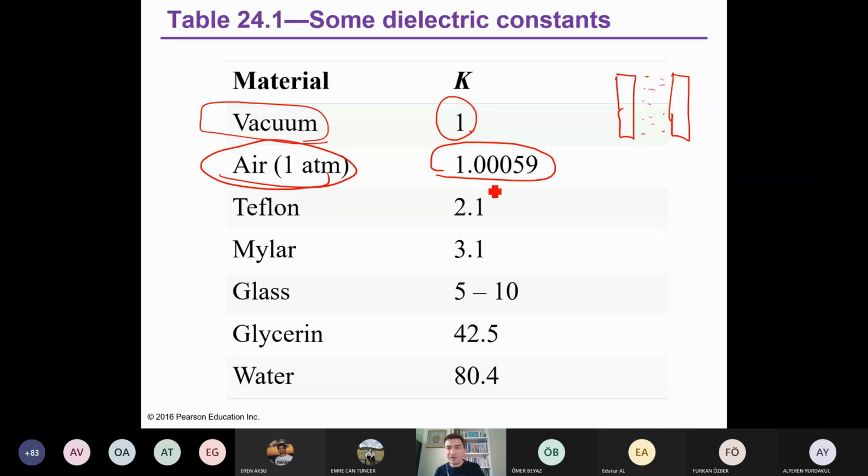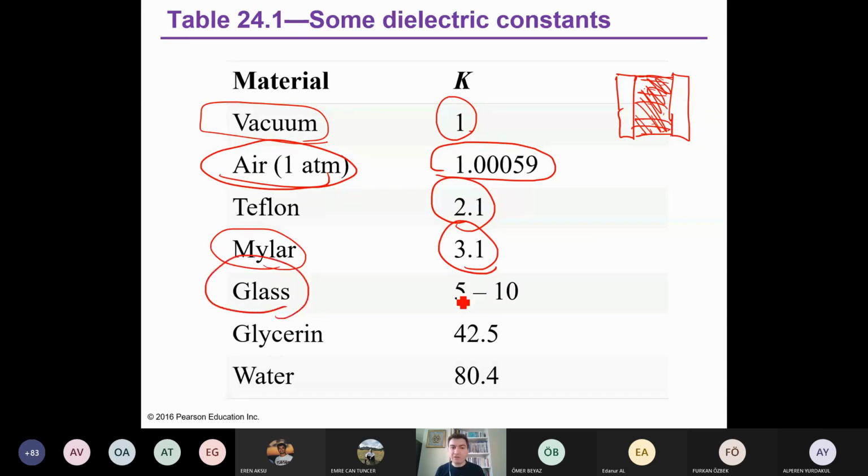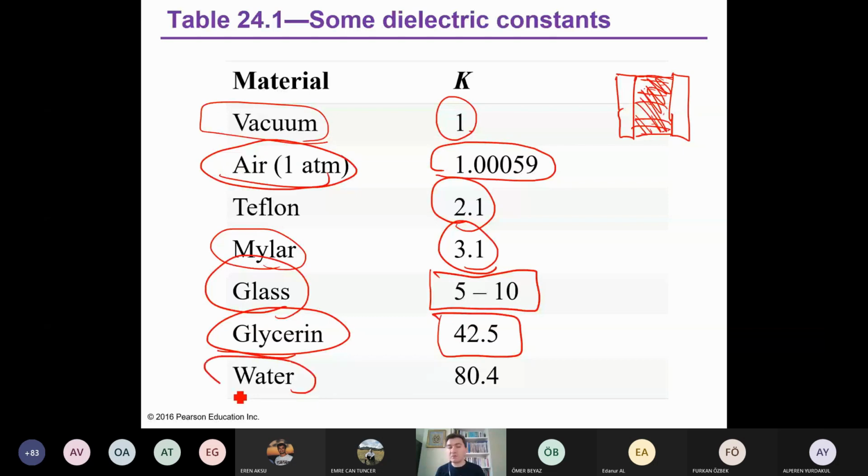If you put a Teflon between the plates, it has a dielectric constant of 2.1. Mylar has 3.1. Glass, depending on its type, can have a dielectric constant from 5 to 10. Glycerin goes up to 42.5, a huge dielectric constant. And water between the plates has a dielectric constant of 80.4.